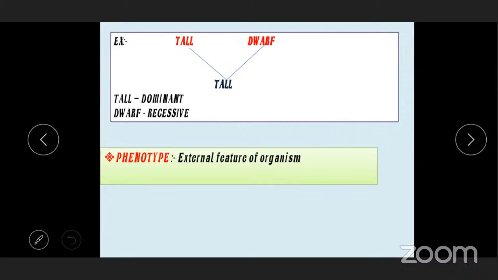That is known as phenotype. Genotype means the genetic makeup of an organism, where the genes are present internally. The characters present internally, genetically, are known as genotype. Genotype simply means the genetic makeup of an organism. That is genotype.